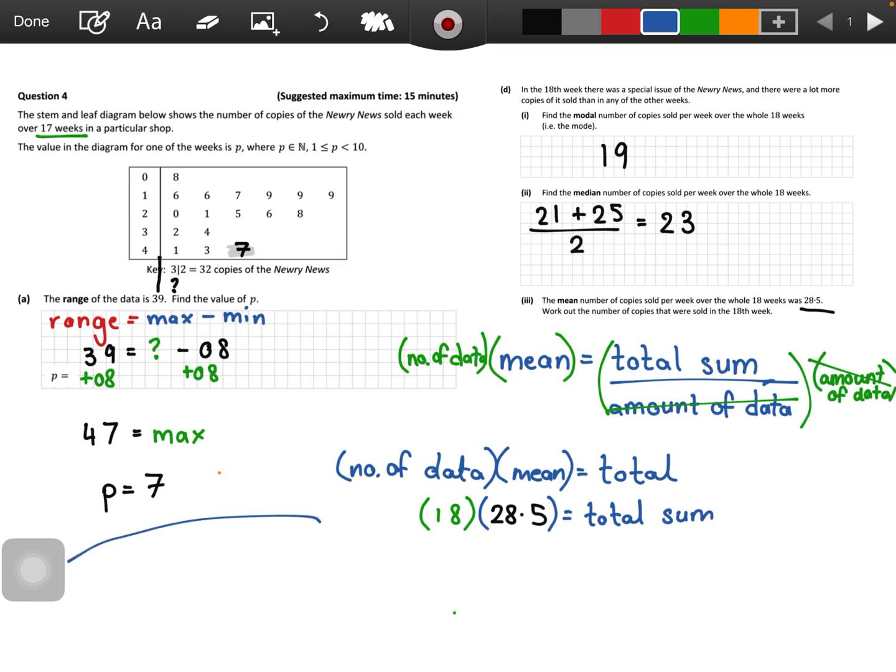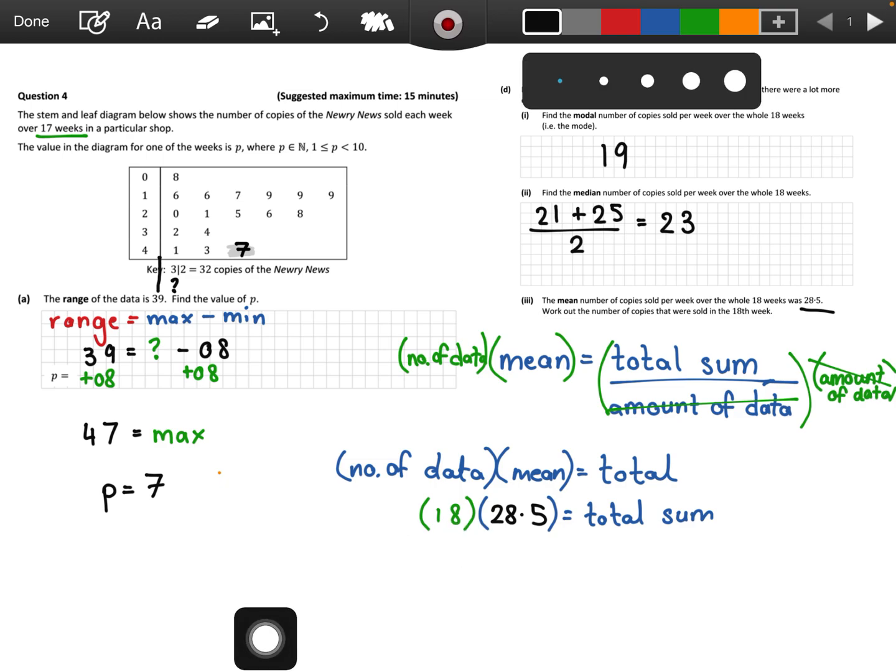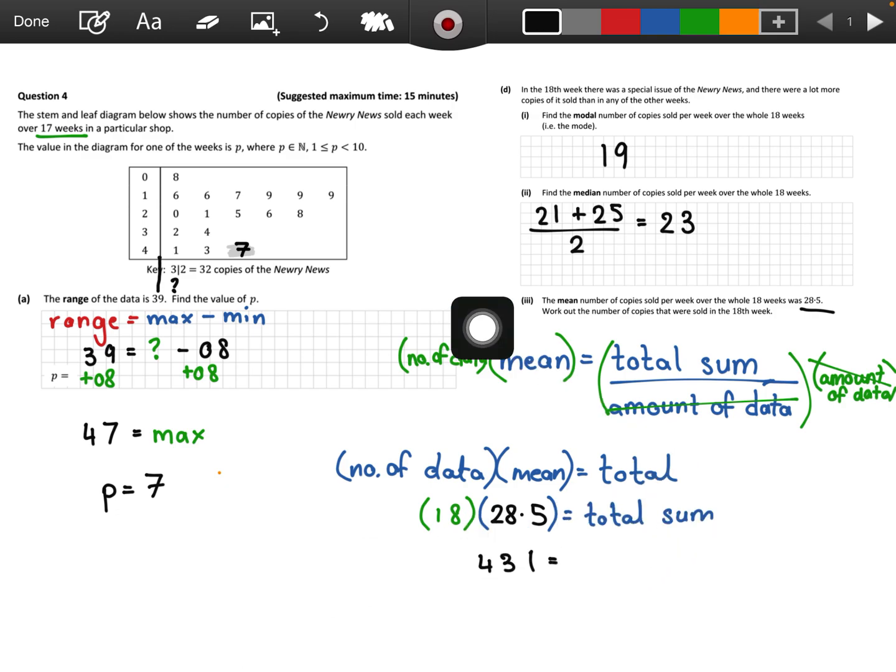So all of these things, including my new question mark, are going to add up to 513. So 513 is what everything should add up to.